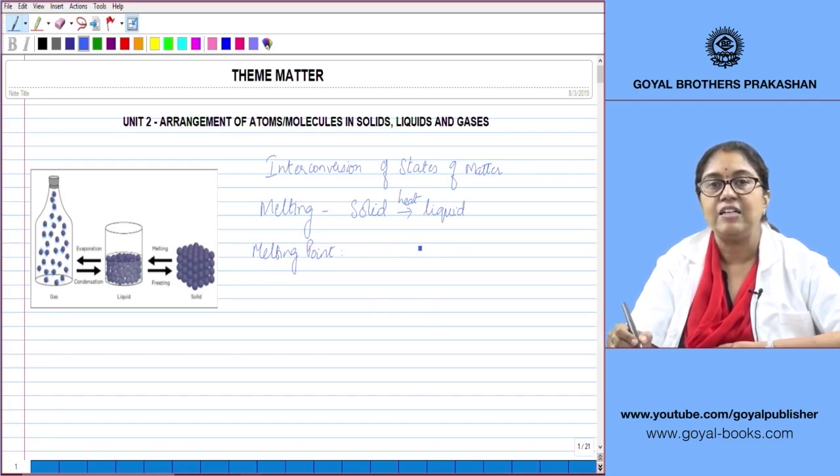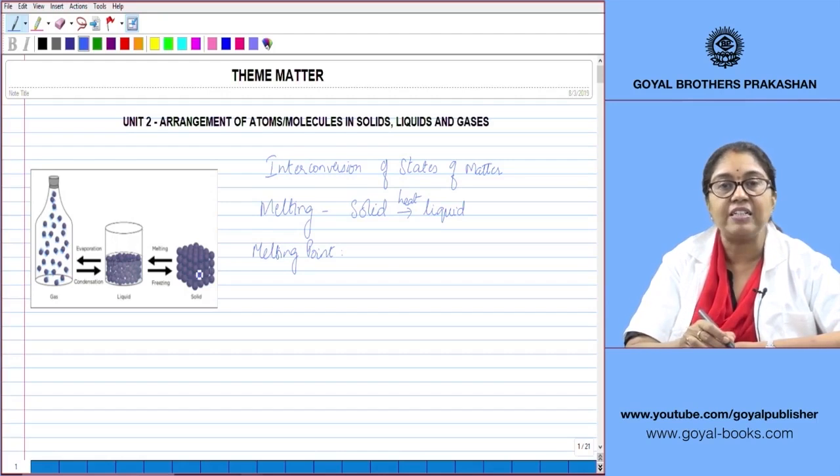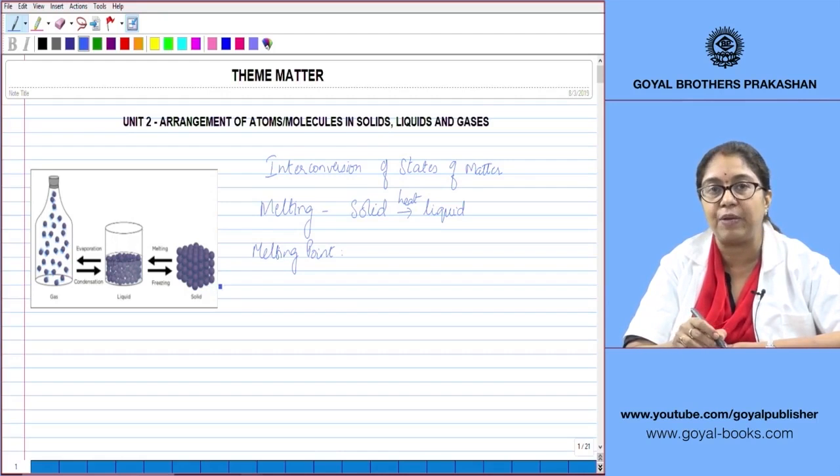Now, let's discuss the energy changes and the theory behind the process of melting. What happens, children? You know that in a solid, the particles are closely arranged with minimum interparticle spaces. Because of this, the intermolecular forces of attraction are maximum.